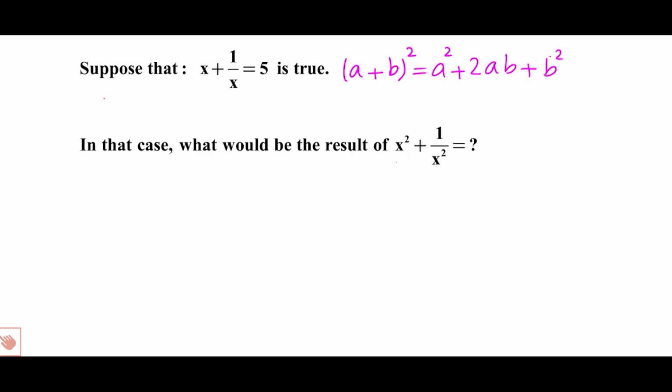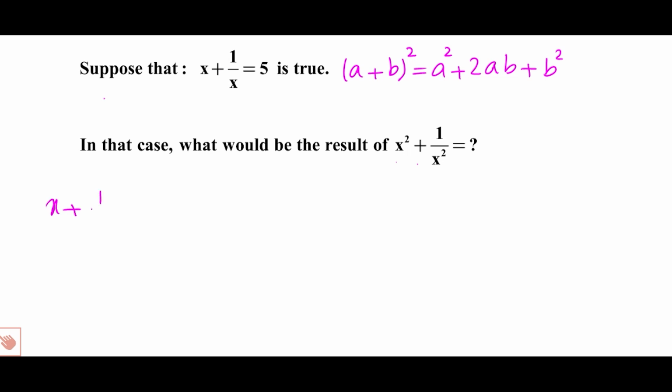You can use both identities, whichever one is needed. So since we have x squared plus 1 over x squared, I am thinking, what if I square this expression? Maybe that will help us get closer to what we're looking for. Let's try it and see what happens.